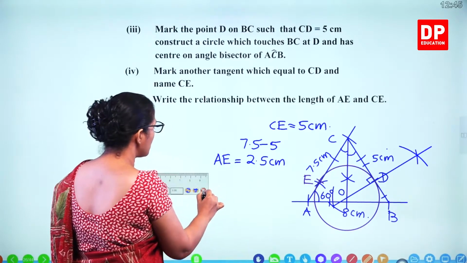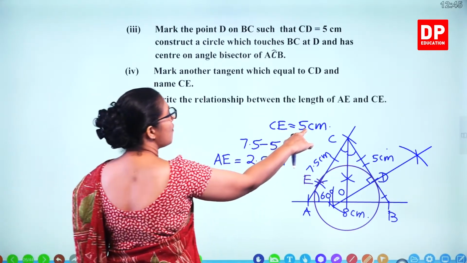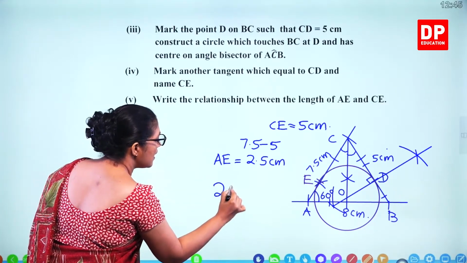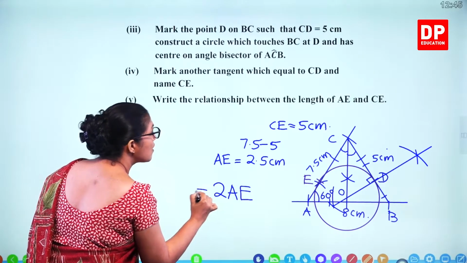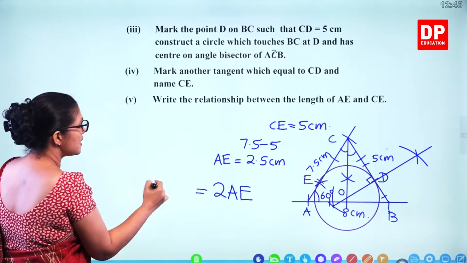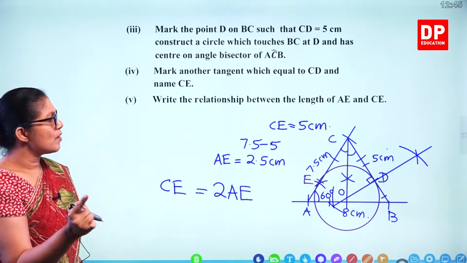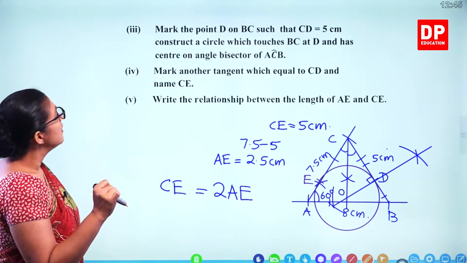So what's the relationship? 5 and 2.5. So 2 times AE is equal to CE. That's the relationship. Double of the AE length is equal to the CE length.